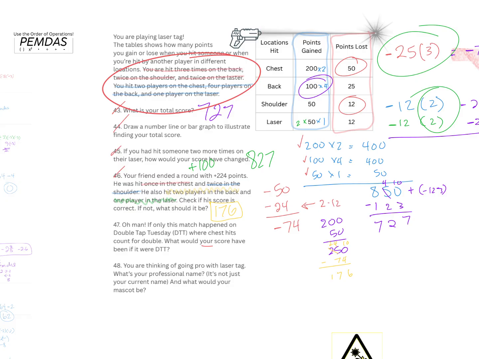So let's go back. You originally had 727, and that was when you, let's see, how many did you hit in the chest? You hit 2 players in the chest, so that was 200 times 2. Well, if it's double the points, it's kind of like we're going to do another times 2 here. So we're really going to add another 400 points, right?